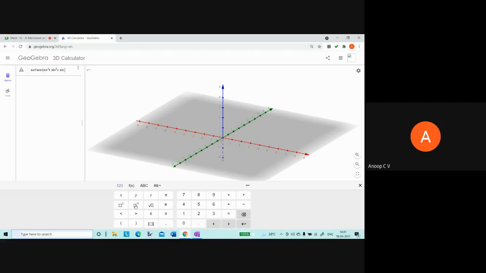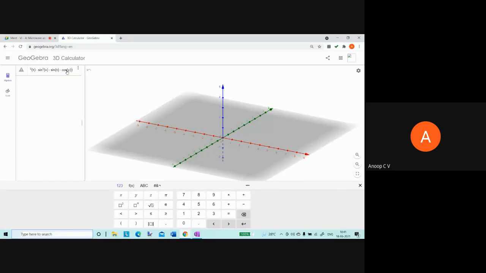I should have used brackets here, otherwise at times it may show error. Sine square t into sine cube v, and here again I should be using into, times r sine theta cos phi, so into cos v. This is the x component.